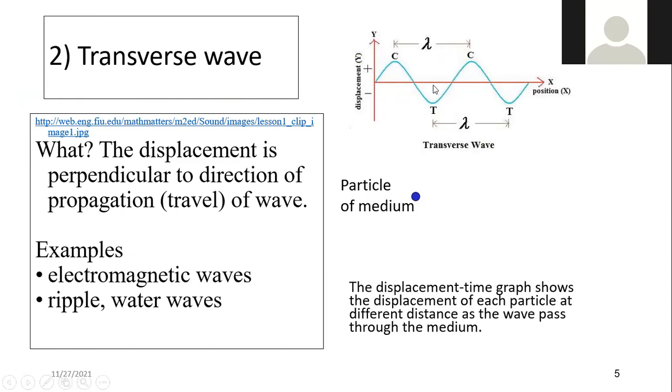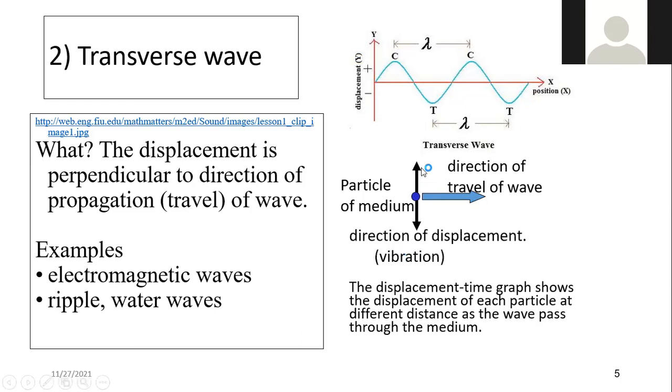You take the axis there, and there's the direction of travel or direction of propagation. Then the particle vibration or displacement is vertical. That's the direction of vibration or displacement, up and down. There's the direction of travel. So that's a transverse wave.